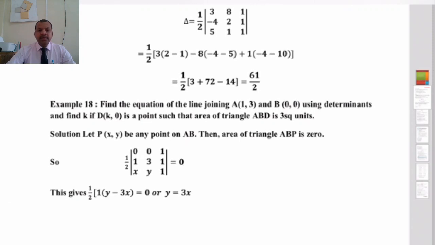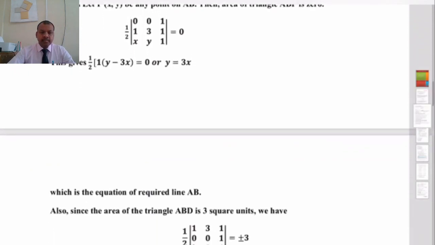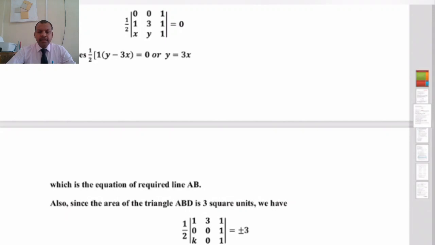So we will apply the formula for the area of the triangle, half times the determinant x1 y1 1, x2 y2 1, x3 y3 1, substitute all these values and write it equal to 0. Why? Because the area of the triangle is 0, and after solving you will get y is equal to 3x, which is the equation of the required line AB. Also, the area of triangle ABD is 3 square units, which is given.